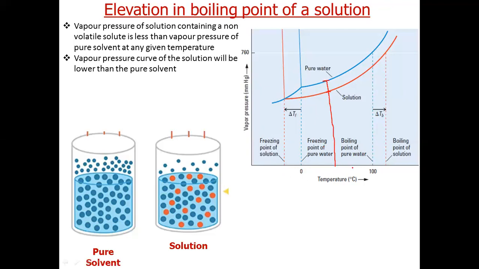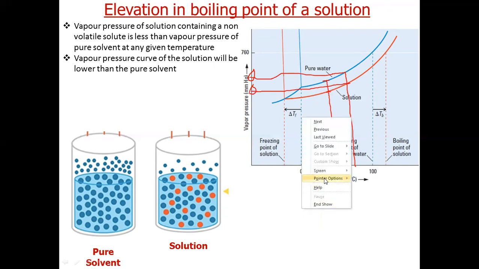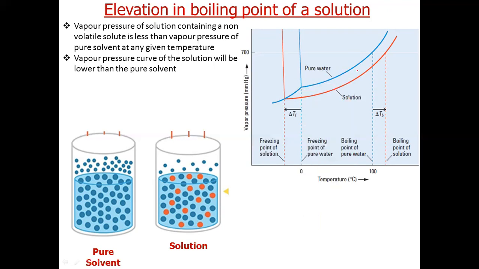You can check at any temperature, check it here. At this temperature vapor pressure of solvent in solution is this much, and vapor pressure of pure water is this much. This value is less than this. So that's why the vapor pressure curve of solution is below the vapor pressure curve of pure solvent.